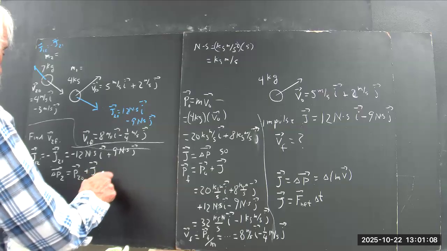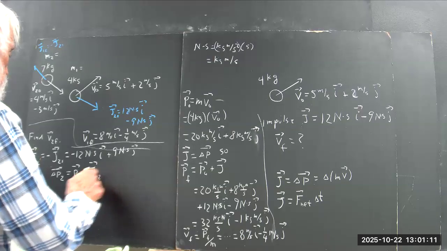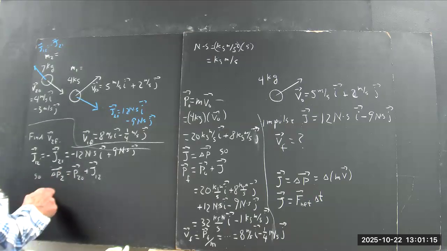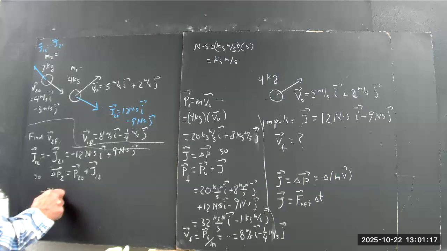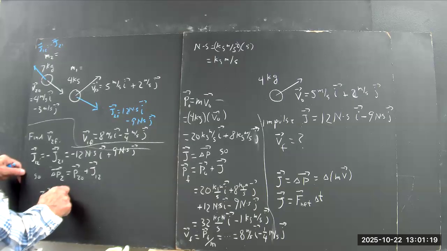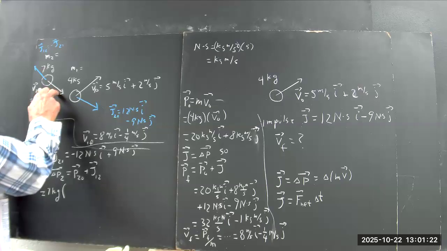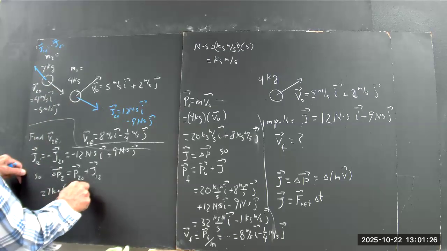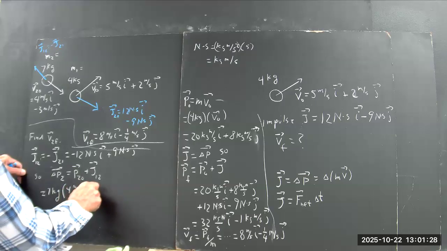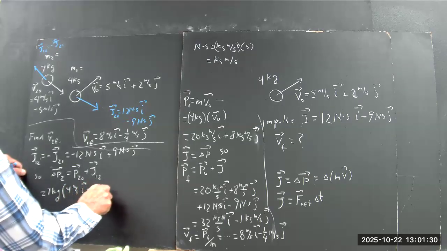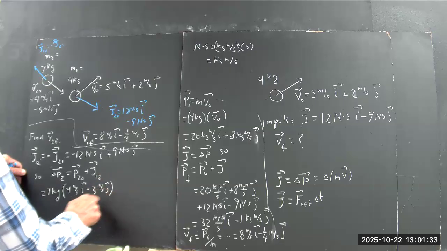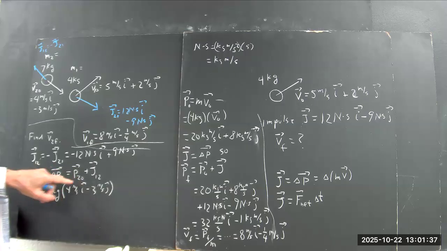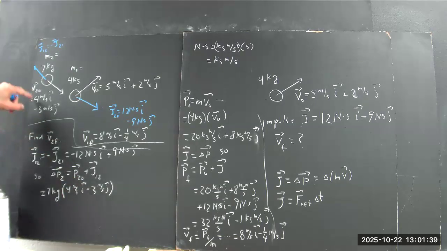So that equals what? P2 naught is 7 kilograms multiplied by the velocity of this thing, which is 4 meters per second times I minus 3 meters per second times J. There's our P2 naught, our initial momentum of object 2.